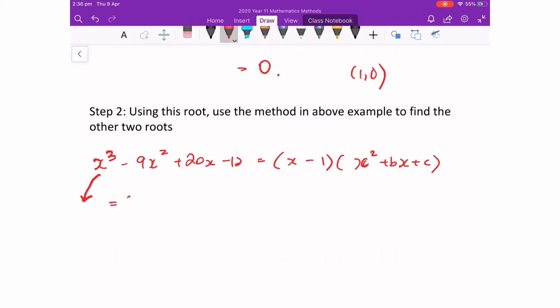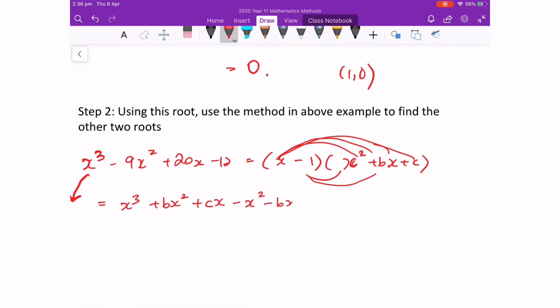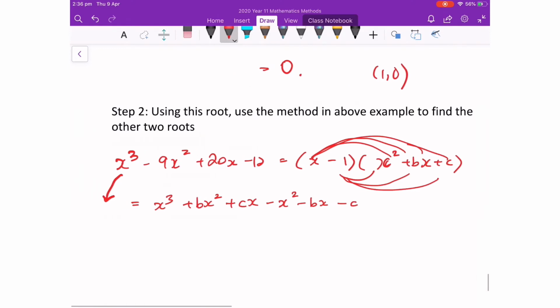So I'm going to have x times x squared, which is x cubed. x times bx is plus bx squared. x times c is cx. Opposite way around, I'm going to go this way. Minus 1 times x squared is minus x squared. Minus 1 times bx is minus bx. And then minus 1 times c is minus c.